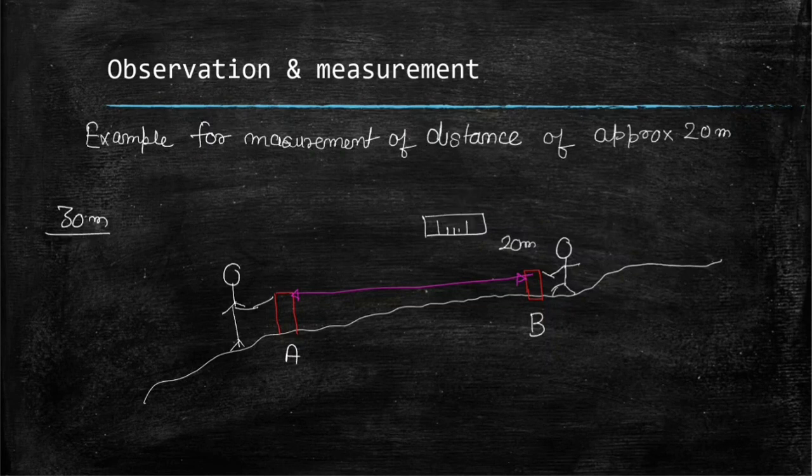From that 20-meter graduation, he is dropping a plumb bob over the point and centering it exactly over the point, while also applying a pull. Once he has stretched the tape and centered it over the point, the other observer also needs to apply the same pull.